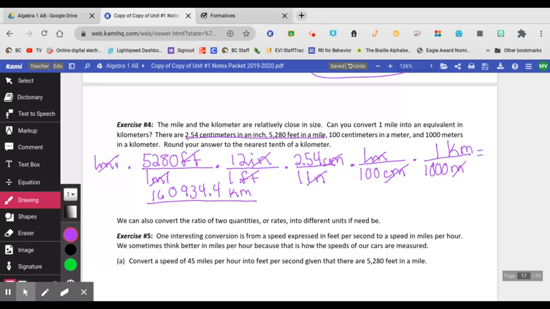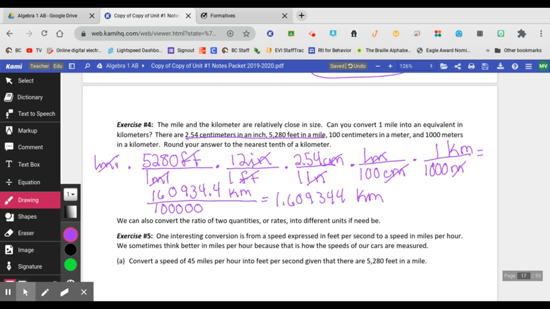So 100 times 1,000 gives me 100,000, which means I'm really moving my decimal point 5 places. Which gives me 1.609344 kilometers.